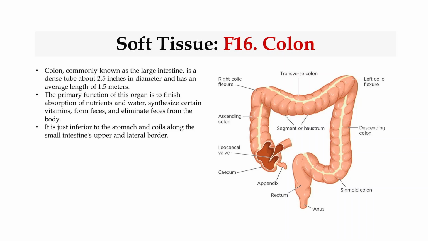Then you have the right colic flexure, followed by the transverse colon, which is known as a segment of haustra. Then you have the left colic flexure, followed by the descending colon, which transitions into the sigmoid colon. Finally it goes to the rectum, where the stool is stored and can finally be excreted out of the anus.